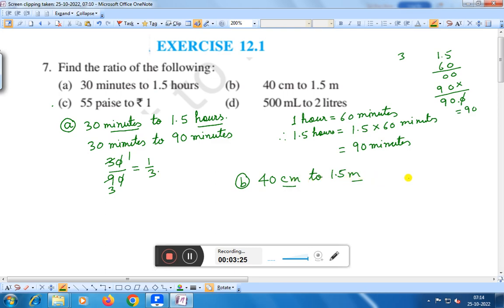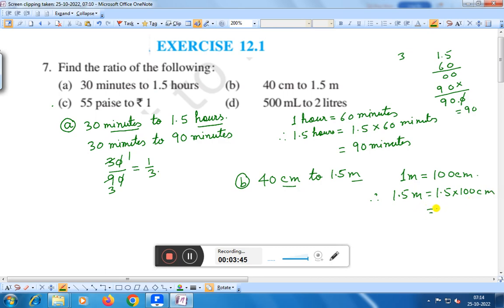That means you have to change meter into centimeter. We know that 1 meter is equal to 100 centimeter. Therefore, 1.5 meter is equal to 1.5 into 100 centimeter.